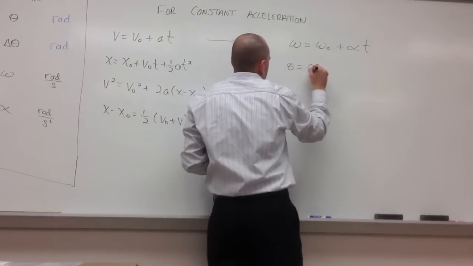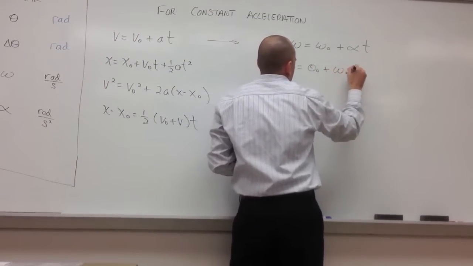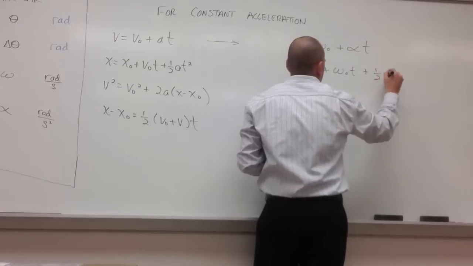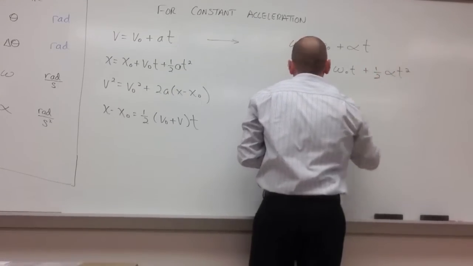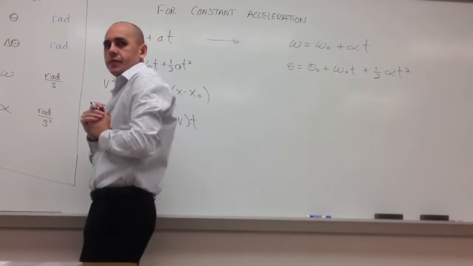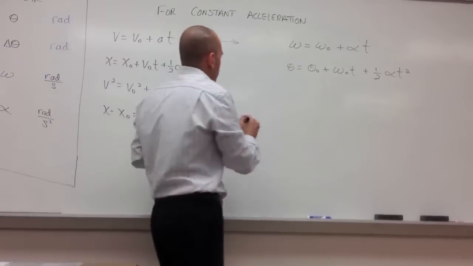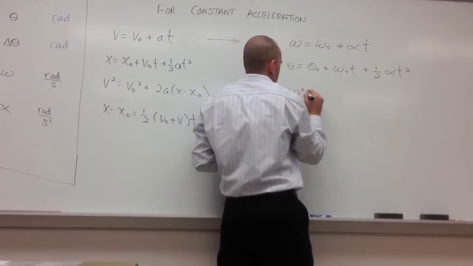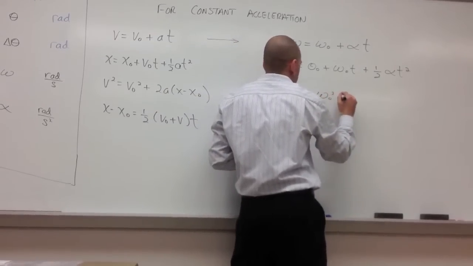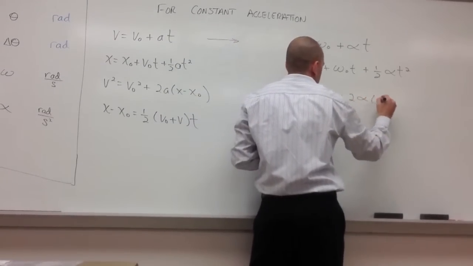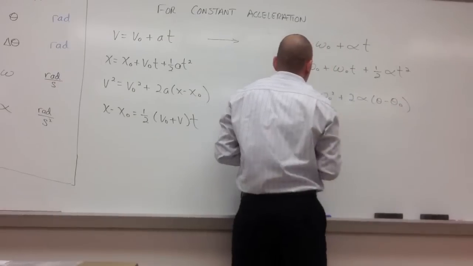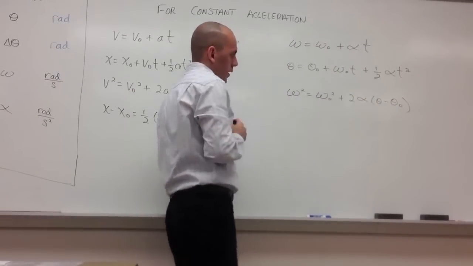So theta is equal to theta naught plus omega naught t plus 1/2 alpha t squared. And then same thing with the other equation, omega squared is omega naught squared plus 2 alpha times theta minus theta naught there.